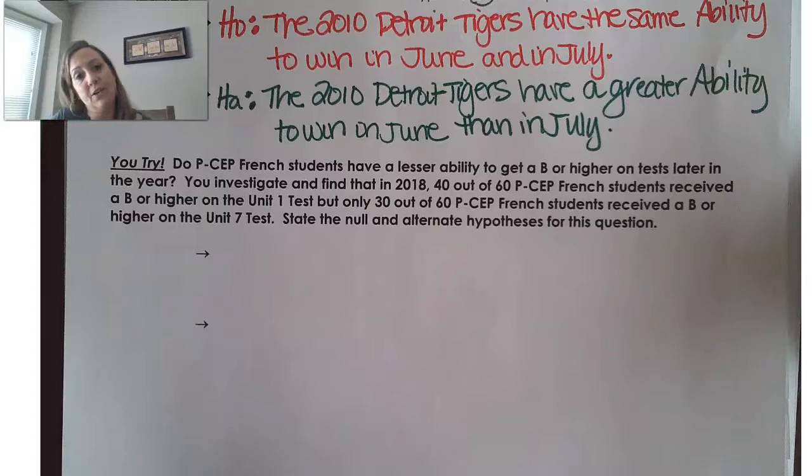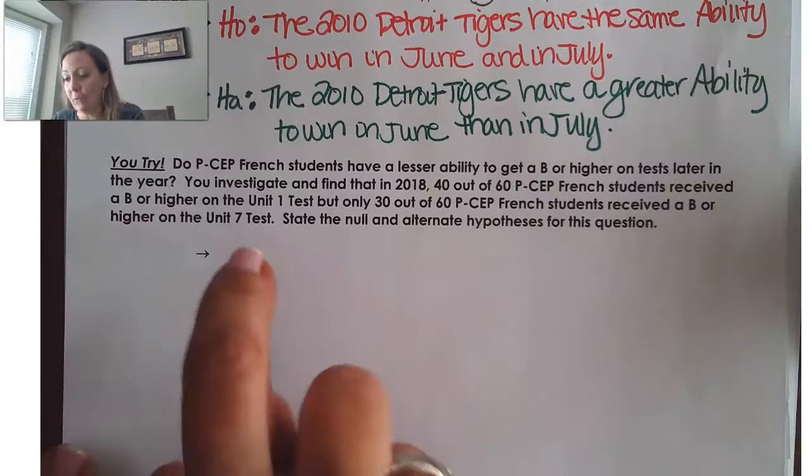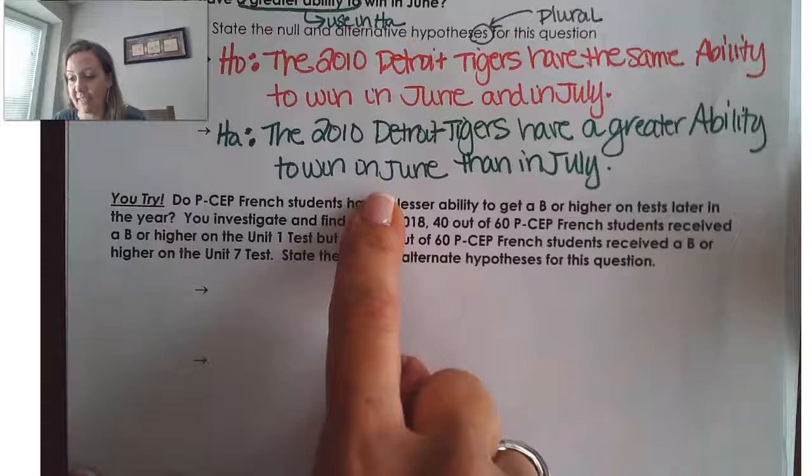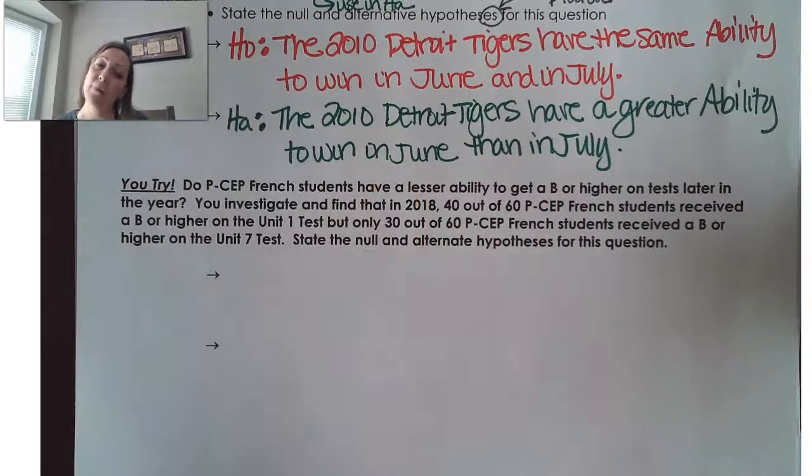So we're going to state the null and alternate hypotheses for this question. So go ahead and pause the video and see if you can write a null and alternate hypothesis based on what we wrote in the previous example. And then unpause the video and I'll show you what it should look like and you can make your corrections, okay? So go ahead and press pause.